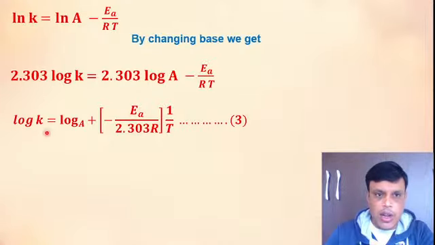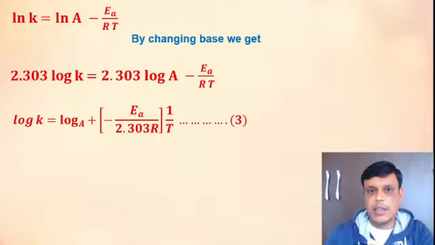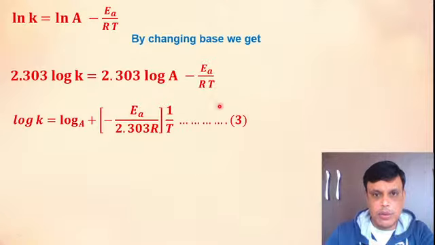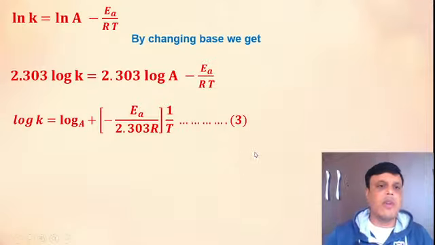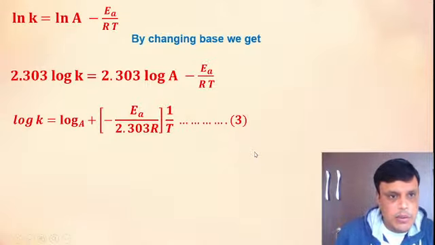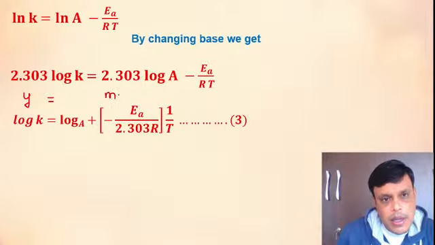We will get log k is equal to log A minus Ea by 2.303 R into 1 by T. So we will get this equation number 3, and if you look at this equation, it is nothing but in the form of y is equal to mx plus c.